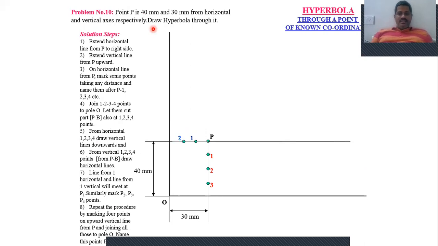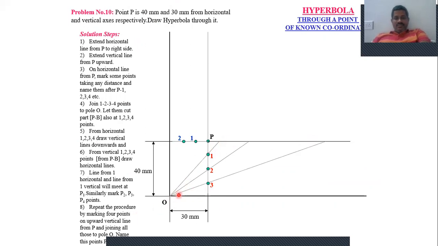So extend the lines from point P along the x-axis and y-axis like this. Then draw the lines from the origin point, and those lines must pass through the division points like this, 1. Then O2 up to the extended line. We have to draw the lines up to the extended line.